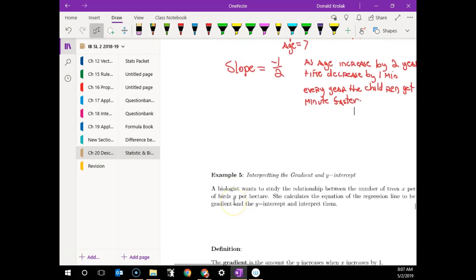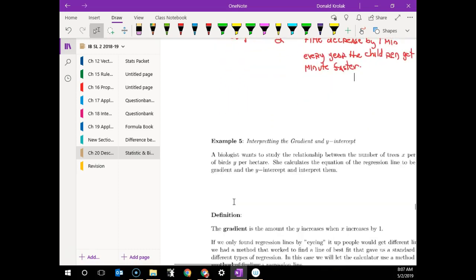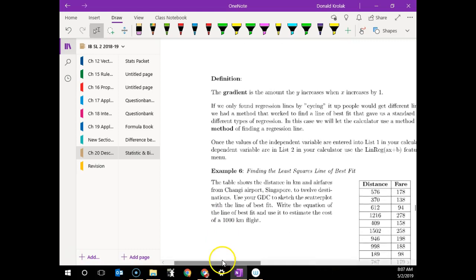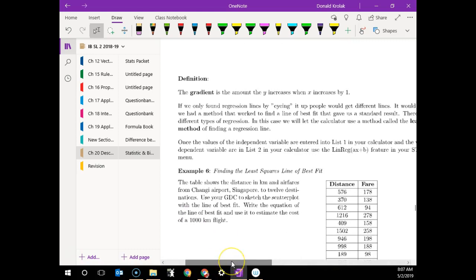Okay, so when you see the word gradient, that's referring to slope, and it's referring to the amount the y increases when the x increases by 1.